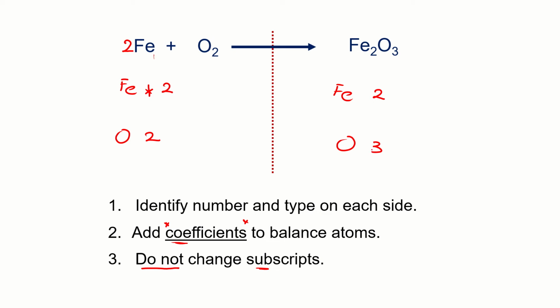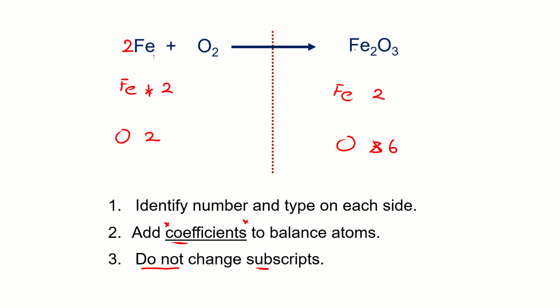Think about the smallest common number that can be divided by 2 and 3. That would be 6. So what if we have 6 oxygen atoms on both sides? If you want 6 oxygen atoms, never touch this. What you put is the coefficient.